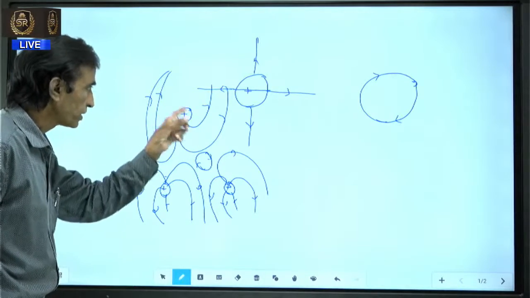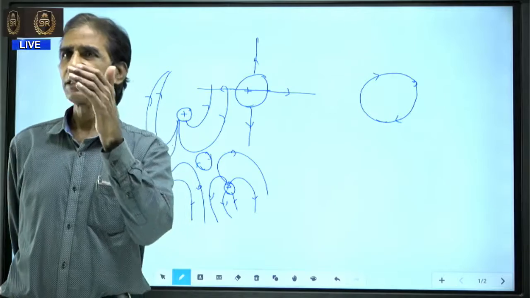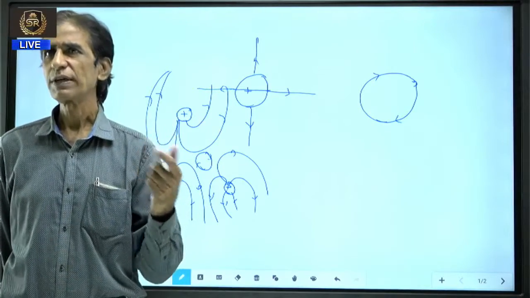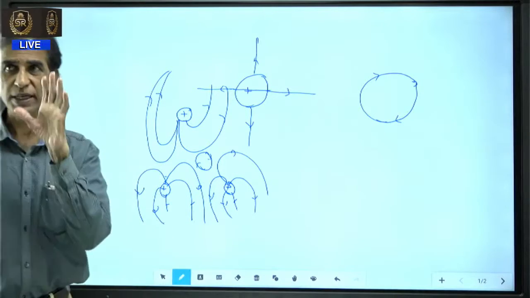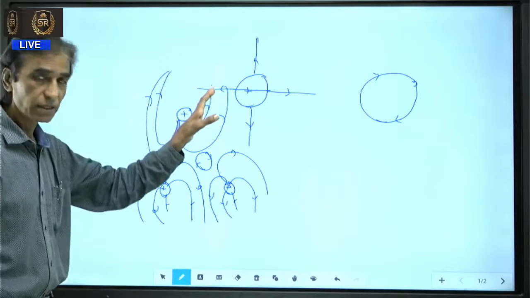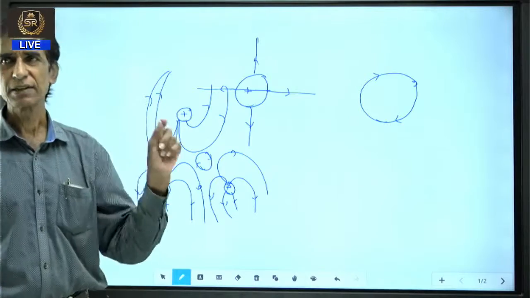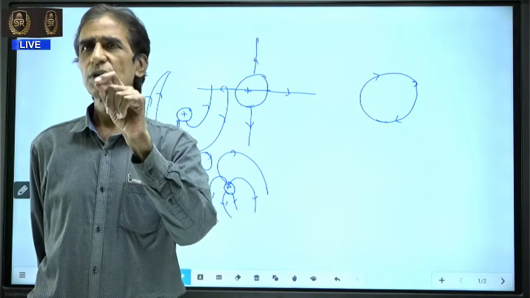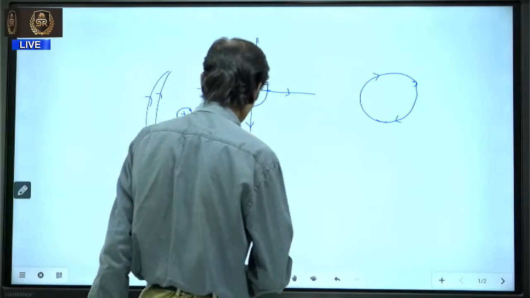But for a positive charge, it should be away from the charge; it cannot be toward the charge. That is an important point we have to keep in mind when we are drawing or identifying electric field lines. Electric field lines do not form closed loops. Very important point.